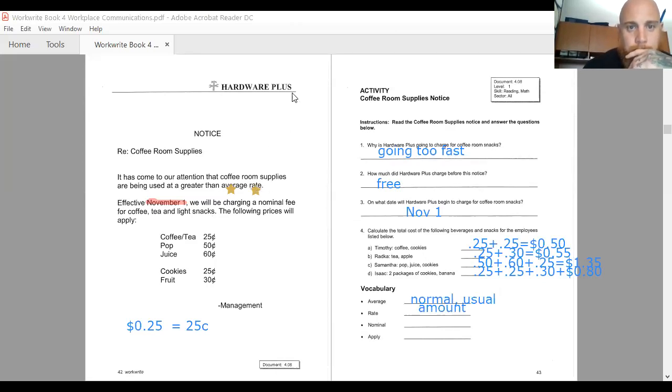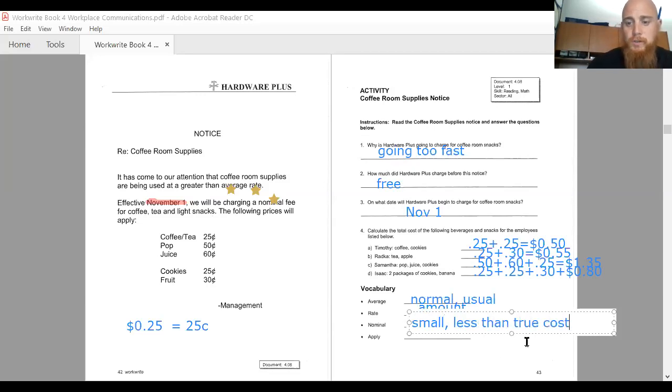Our next one is nominal. It says we will be charging a nominal fee. And the word nominal in this context means really small or less than true cost. So they're not trying to make money off these snack prices.